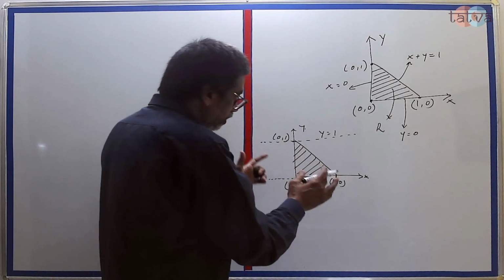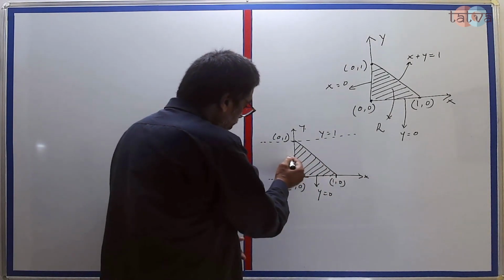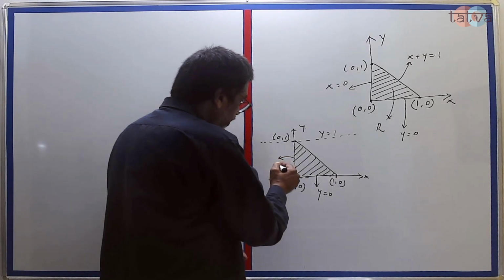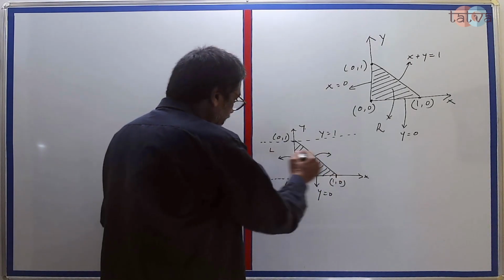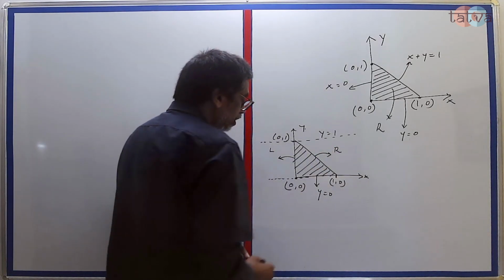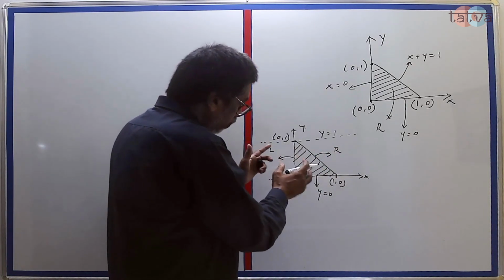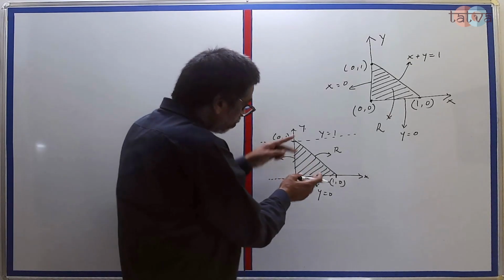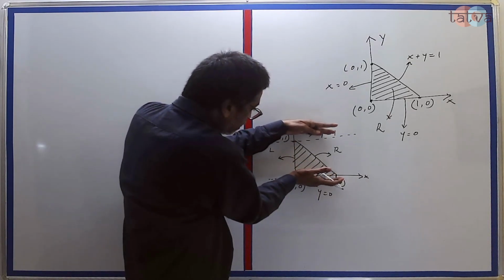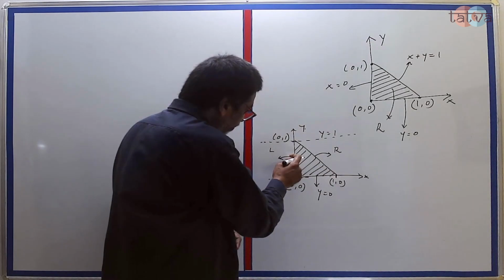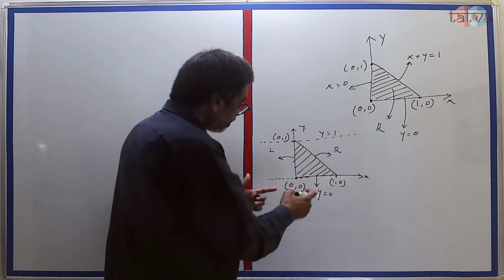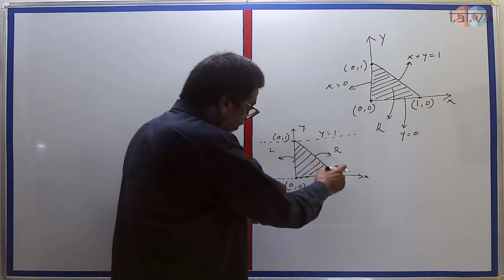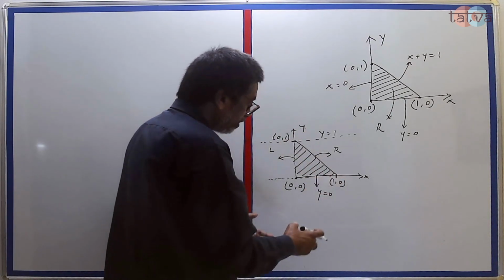Now when it comes to the x limits, this is the left boundary and this is the right boundary. I'll just write for your convenience L and R. Now, the question that we have to ask ourselves is, between these two horizontal lines, are the left and right curves crossing each other or not? So you can see that the left and the right curves are not intersecting anywhere in between.